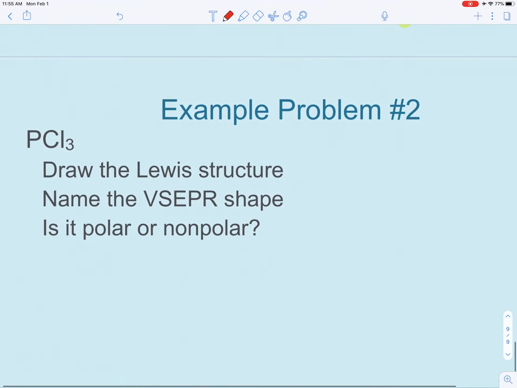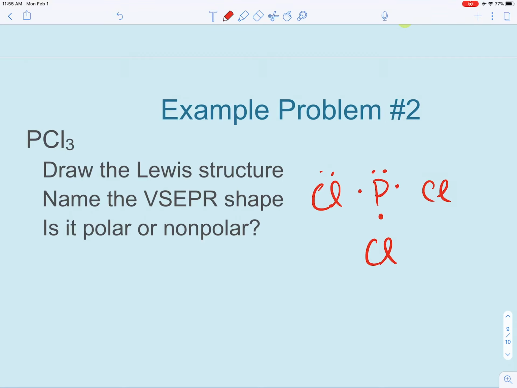Let's look at another example here, example 2, PCl3. So phosphorus has 5 valence electrons. Each chlorine has 7. I'm going to draw my single bonds here.